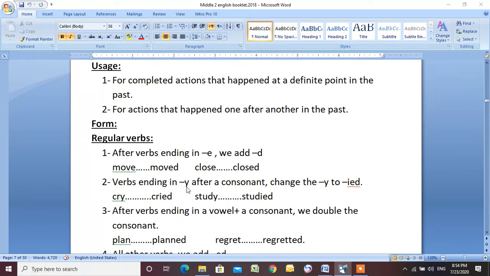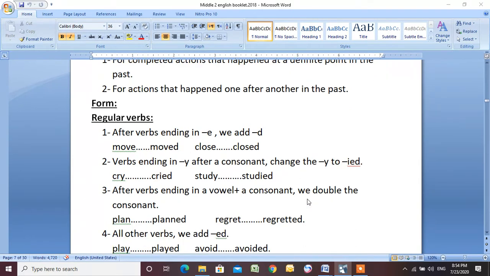Verbs ending in y, after a consonant, we change the y to ied. So verb cry, cried. Study, studied. We change the y into ied in the past form. After verbs ending in a vowel plus a consonant, we double the consonant.